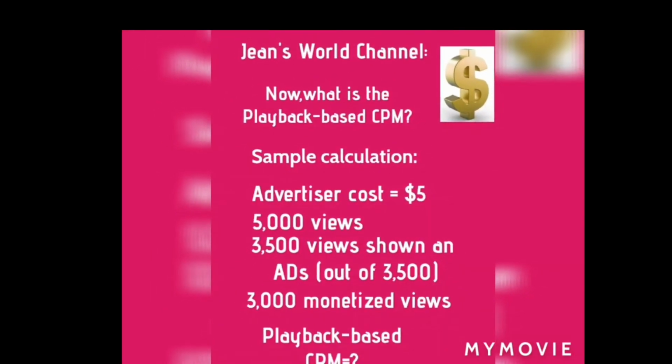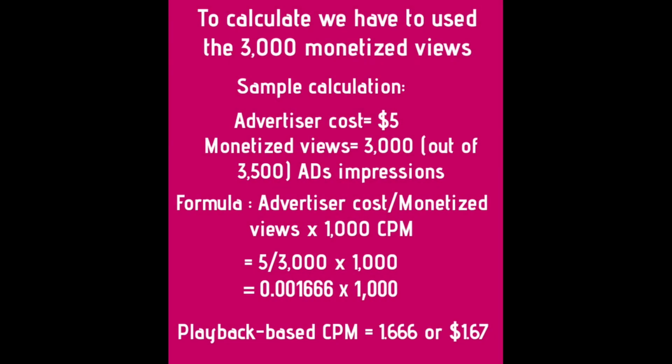Sample advertiser cost equals $5. Monetized views equals 3,000 out of 3,500 ad impressions. For example, nakuha ko lang is 3,000 views. So, to get it, we will use the formula.